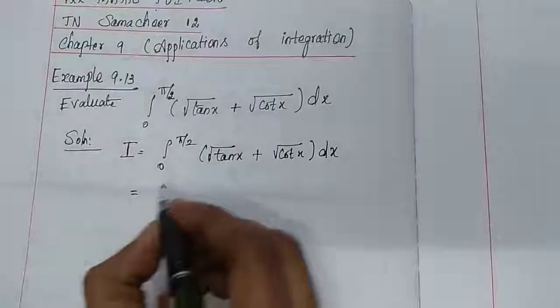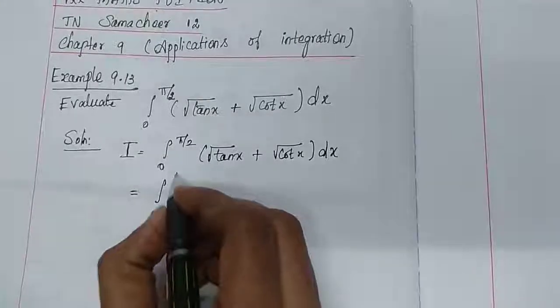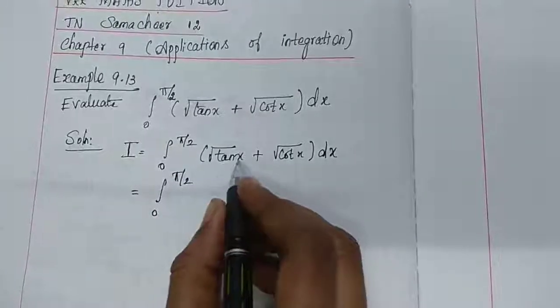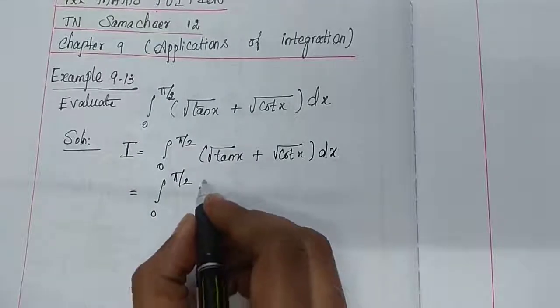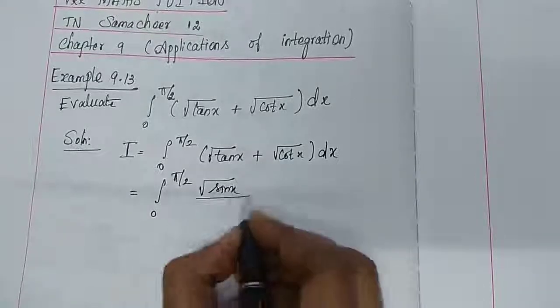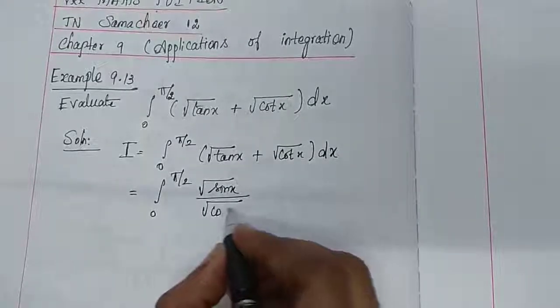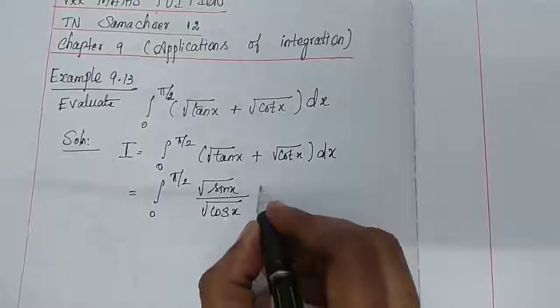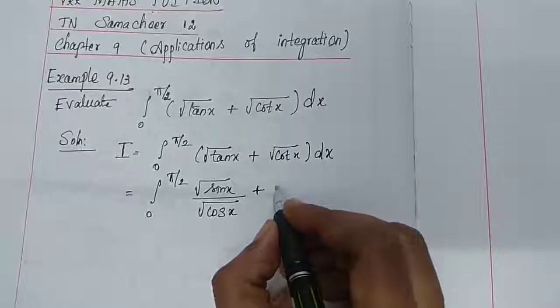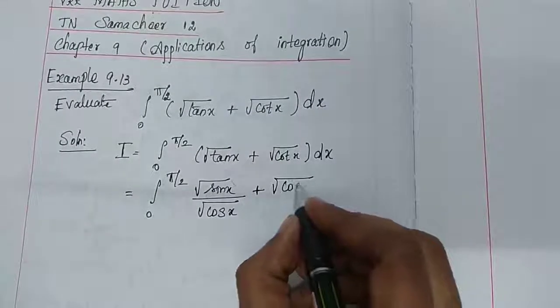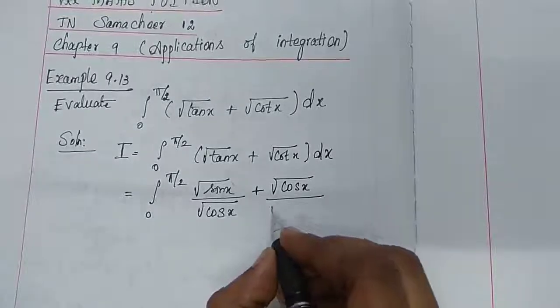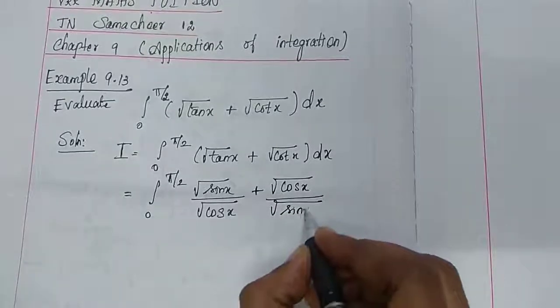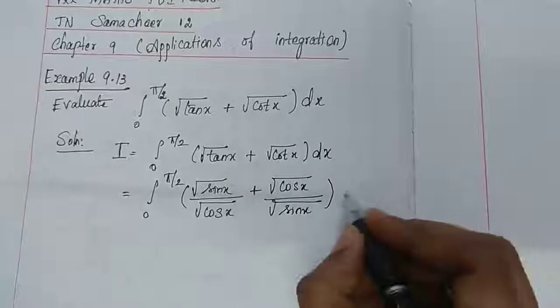The root tan x we can write as root sin x by root cos x, plus root cot x we can write as root cos x by root sin x. Close the bracket, dx.